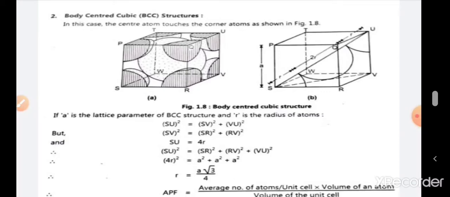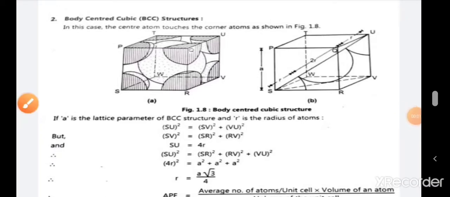Now the side of the cube is given to us as a, whereas if we check diagonally, consider the triangle SUV. In that triangle SUV, SU is the diagonal and SV and UV are sides. We know very well that in the case of Pythagoras theorem, diagonal square is equal to side square plus side square.